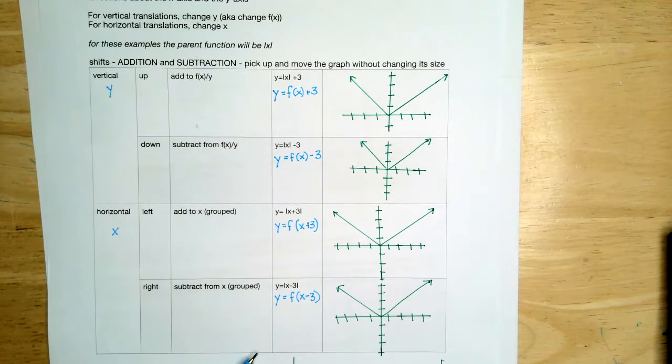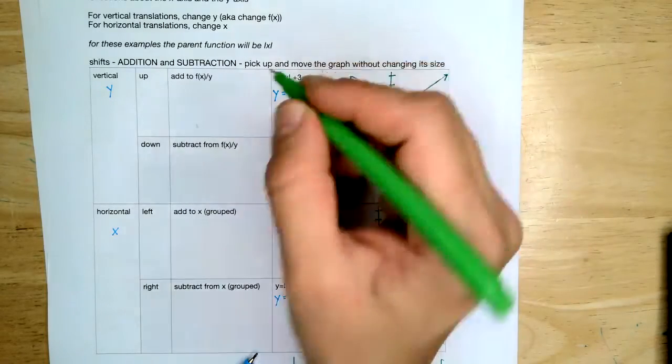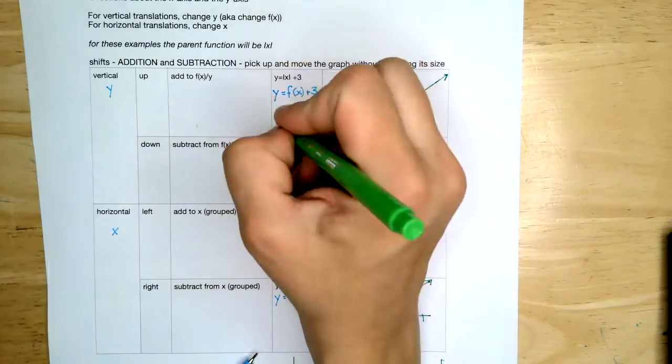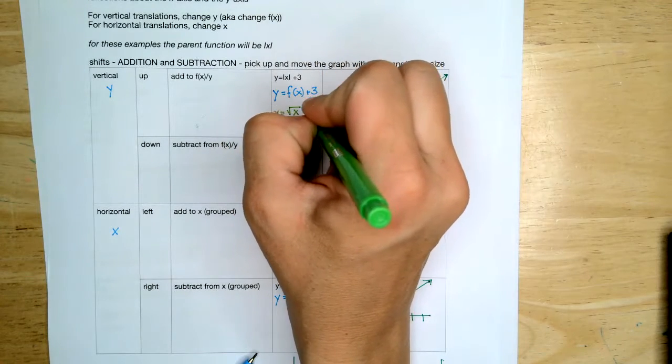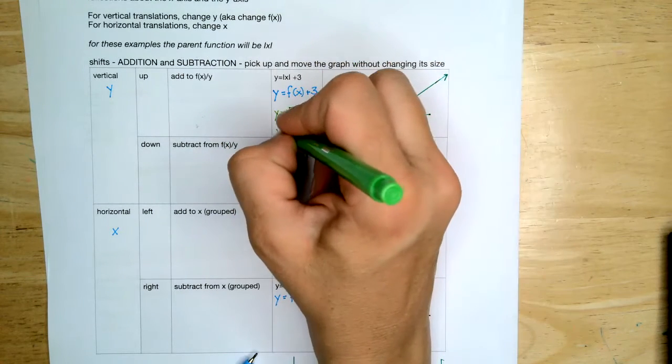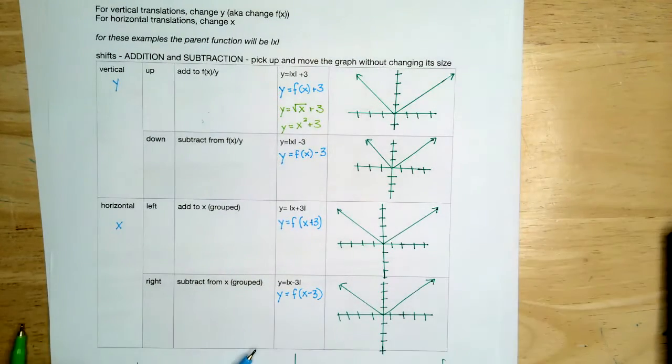All right, so in fact, our f of x, our parent function, is the absolute value of x. It could also be, for example, y equals the square root of x plus 3, or y equals x squared plus 3. Those are other ways you could write it.